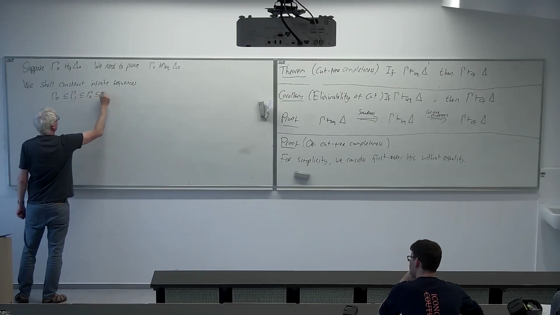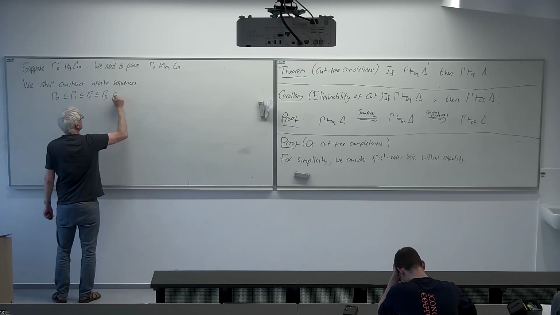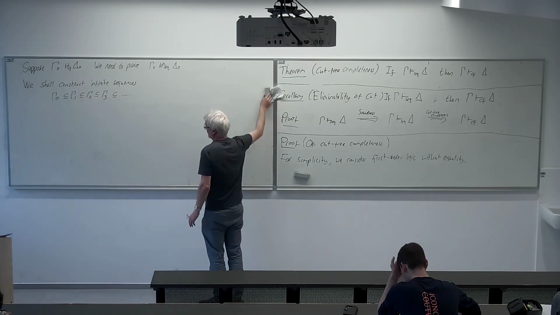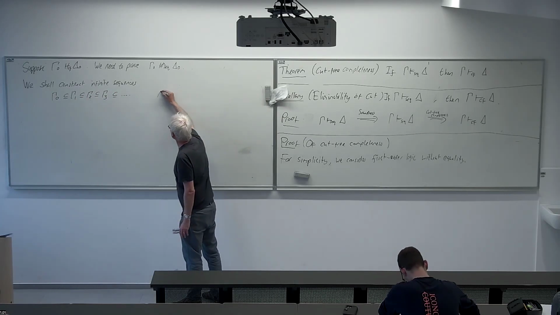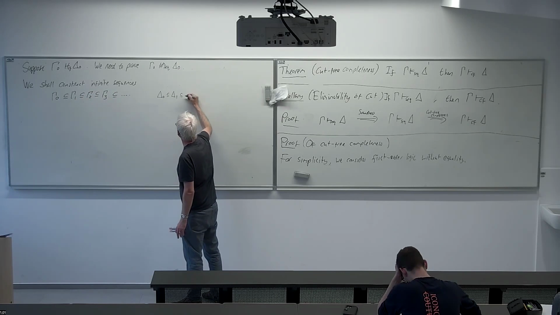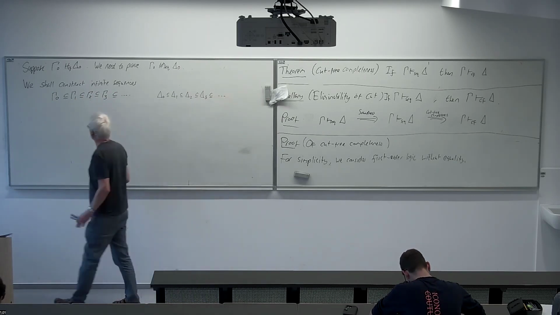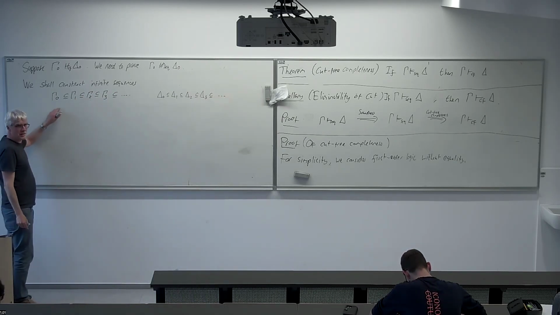So we're going to always enlarge them, and at the same time enlarge the deltas. So we're going to have a sequence of deltas, throwing in additional formulas that are going to help us construct the counter model.